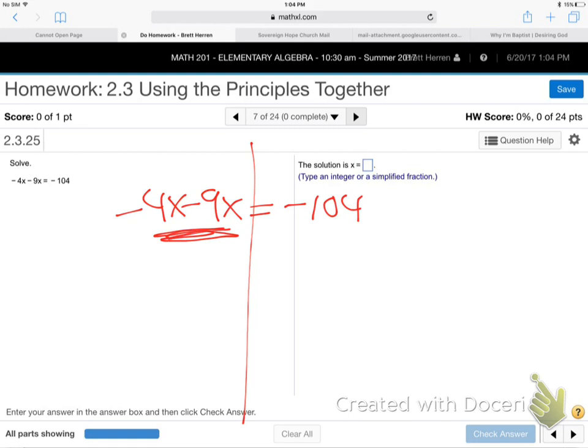So what do those do? Yeah, because it's like money, losing $4, losing $9, losing $13, huh? Good so far? Now, x wants to be alone, so what do I do to get x alone here?